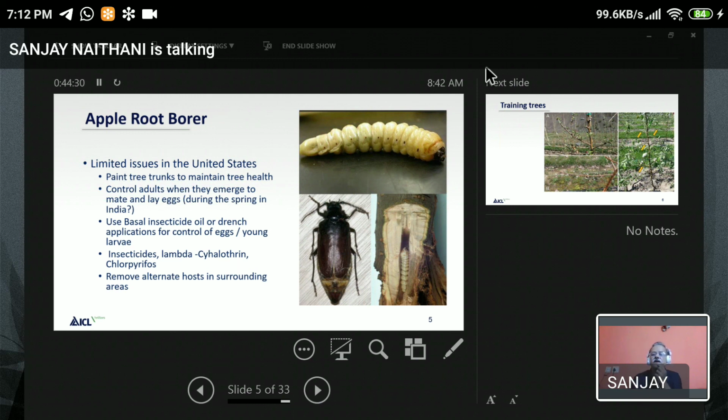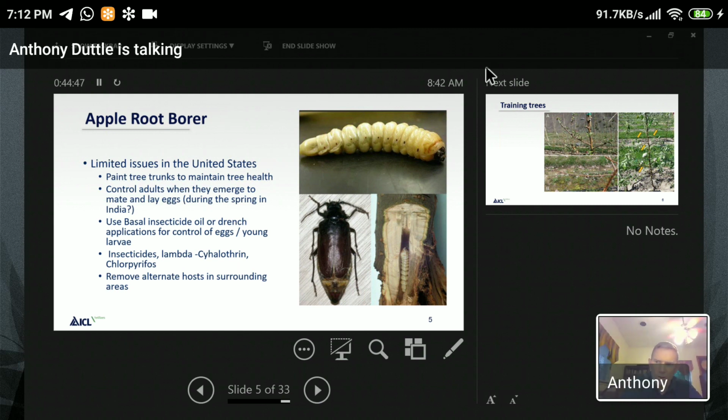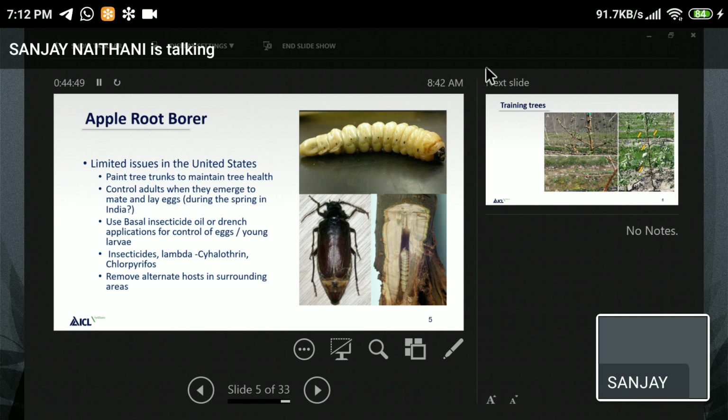Anthony, they want a clarification on tree painting. So what kind of tree painting is done in the US? Well, what they'll do is they'll put a whitewash on the trunks up to about 3 feet. That does two things.